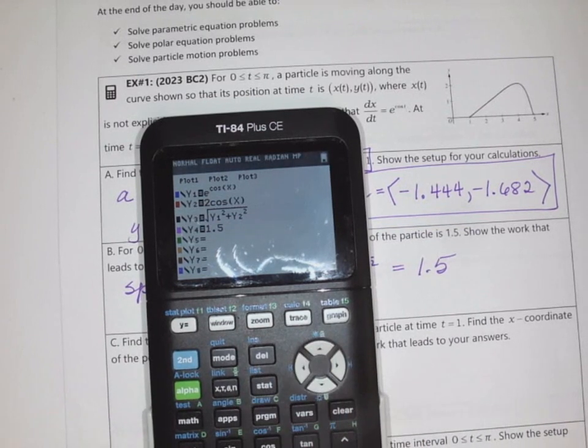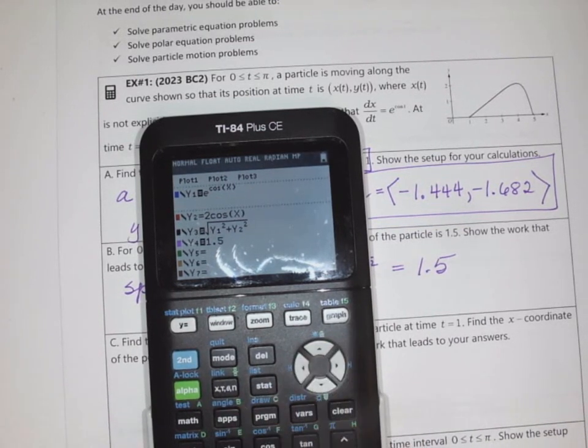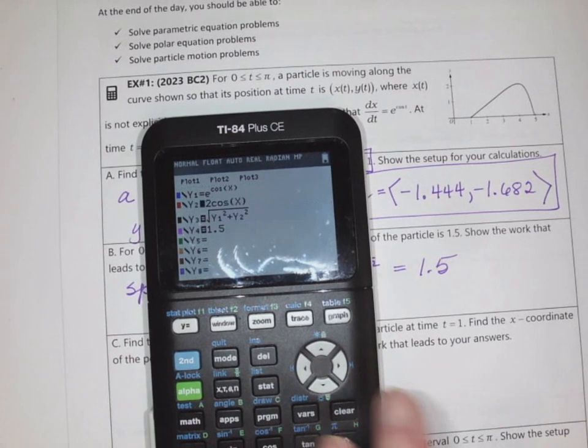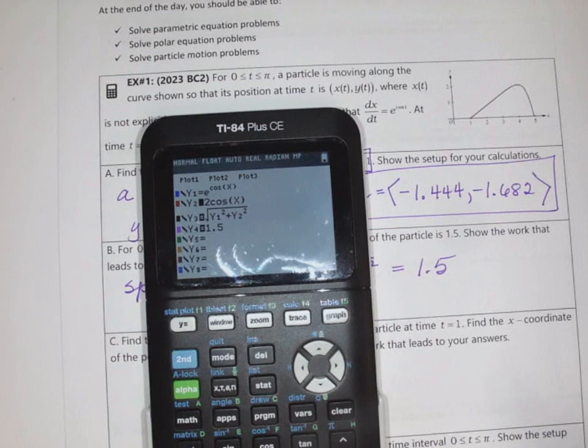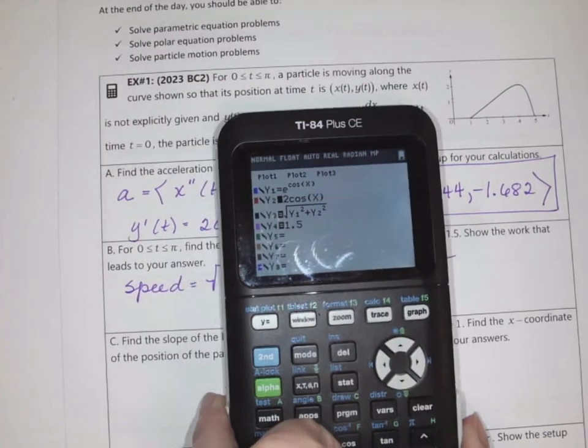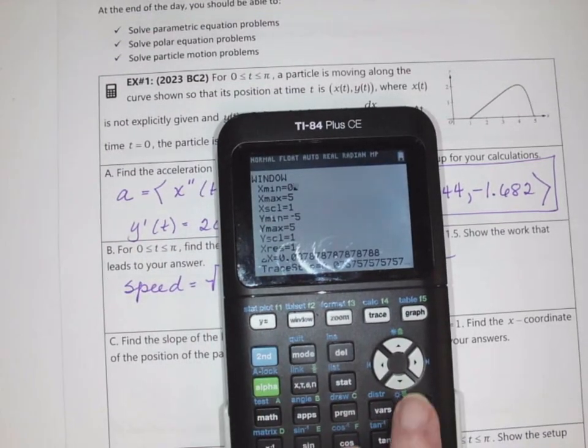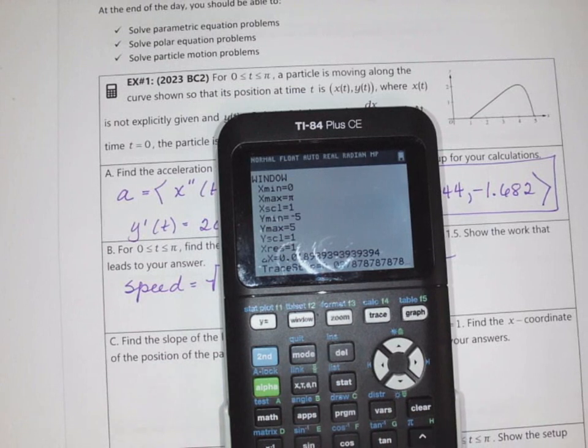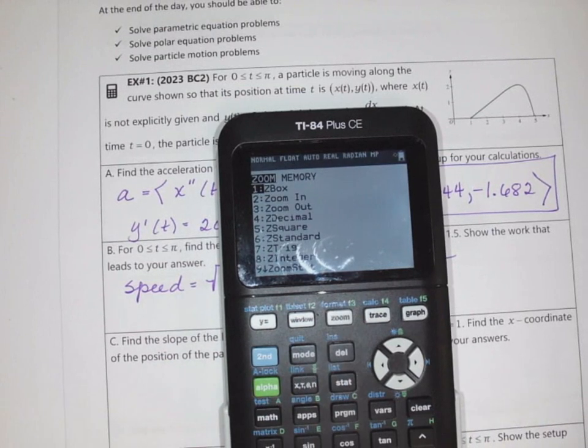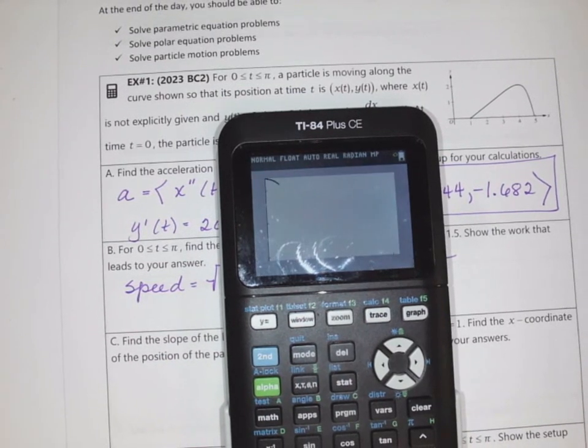Now, I really don't care about graphing my dx dt right now, so I'm going to take those off and just graph my speed and my 1.5. Now, we're looking between 0 and pi, so I'm going to set my window between 0 and pi, and I'm going to do a zoom 0 to make sure that I can see it.